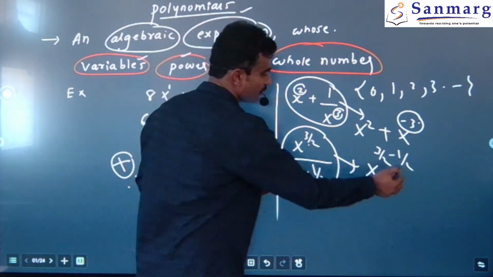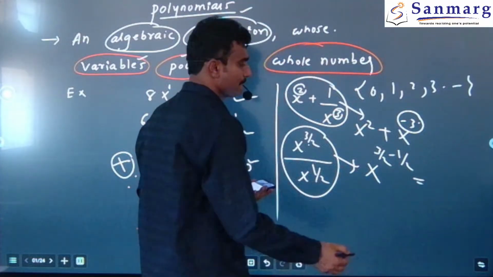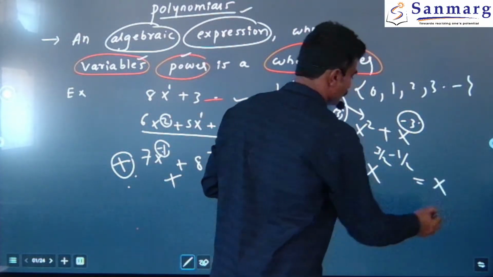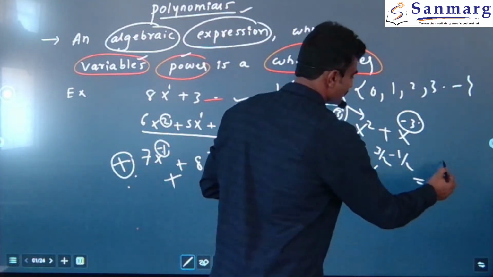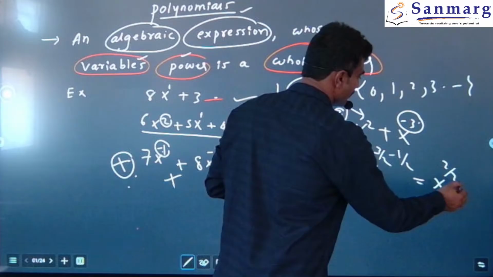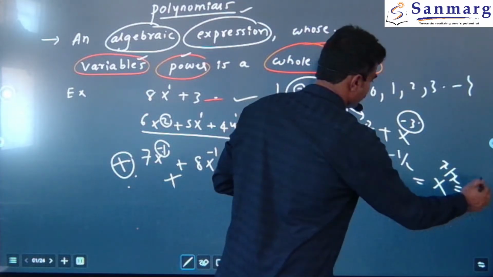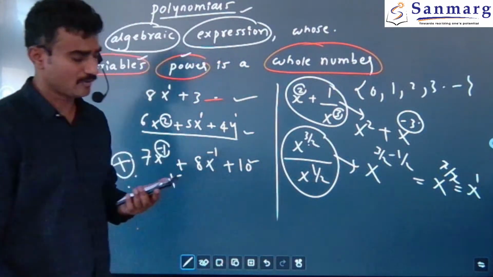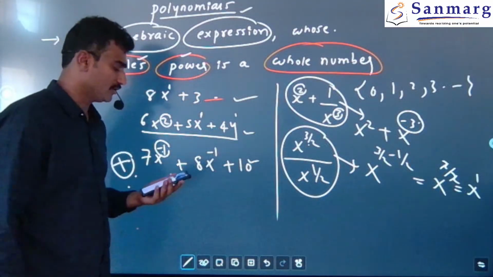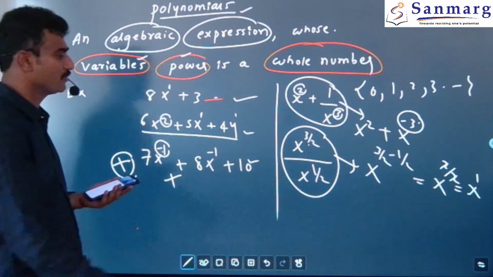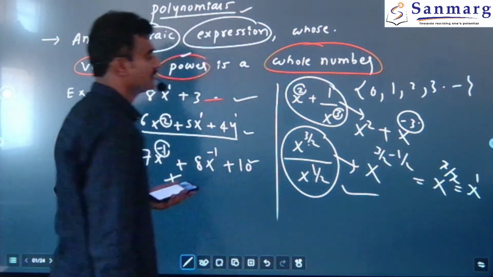Therefore, x raised to 3 by 2 minus 1 by 2. The denominator is the same, so 3 minus 1 is 2, divided by the denominator 2, the 2s cancel, and it forms x raised to 1. Again x raised to 1 is a whole number, therefore this is a polynomial expression.